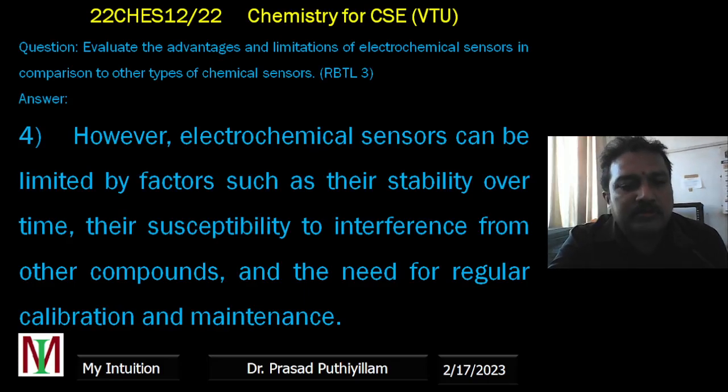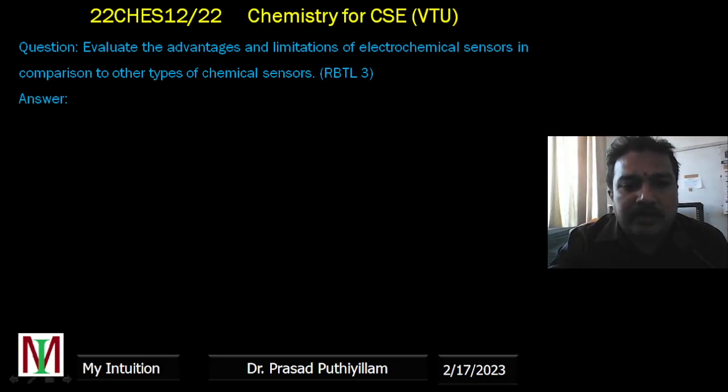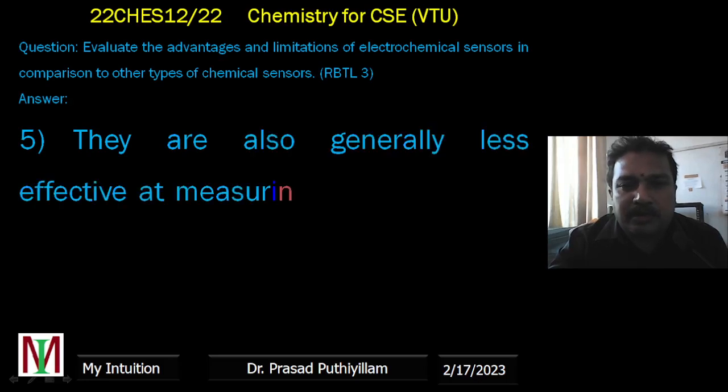It can also react with some other compounds present in the atmosphere. We also have to calibrate the device at intervals, and its maintenance is also difficult. So these are some of the drawbacks or limitations of electrochemical sensors.